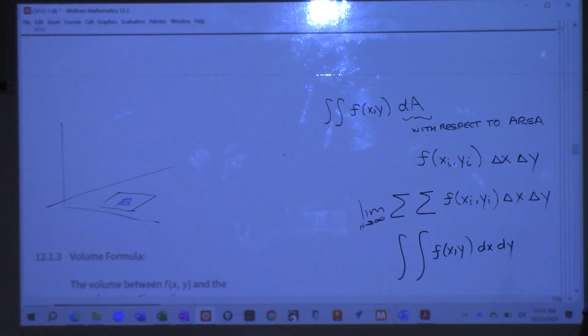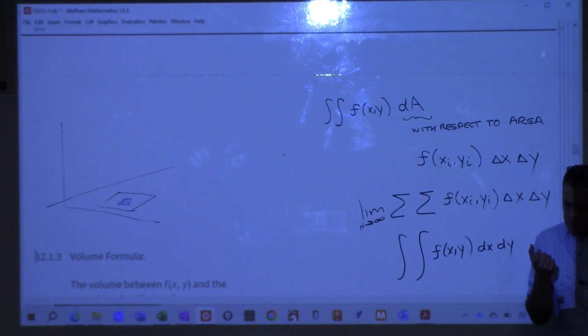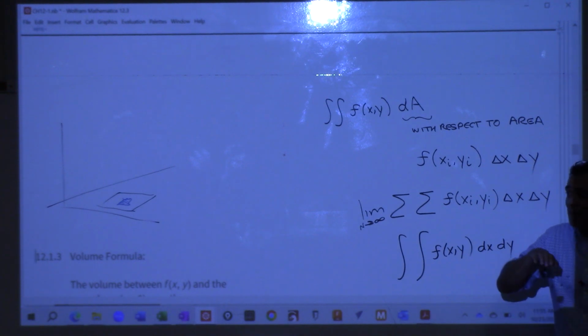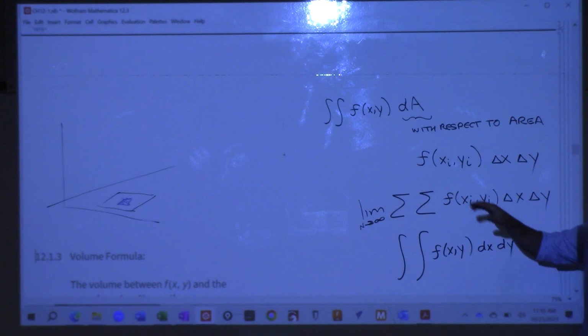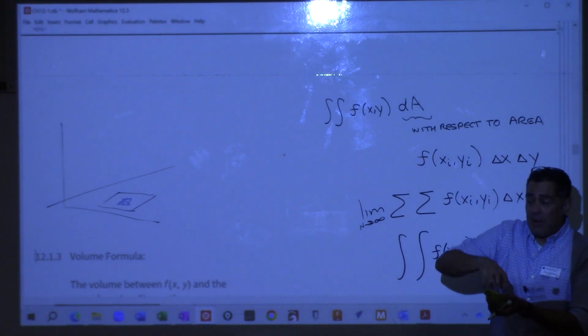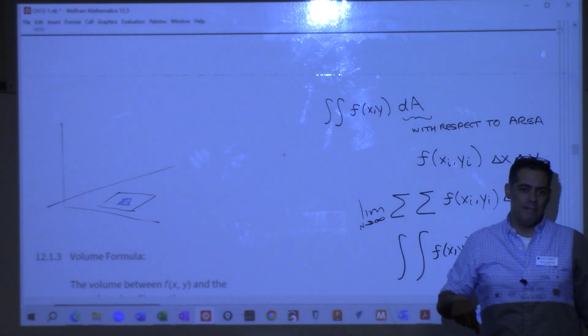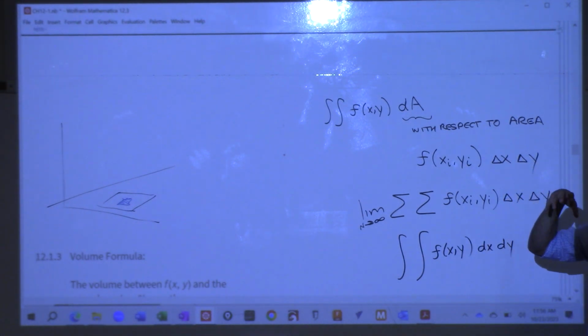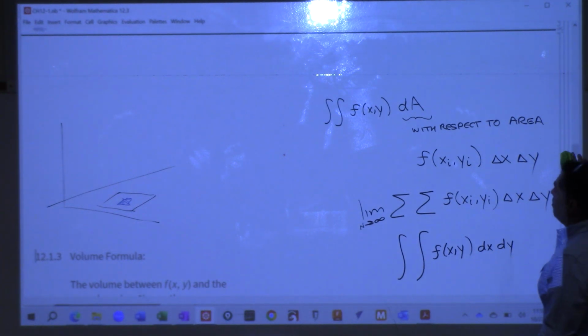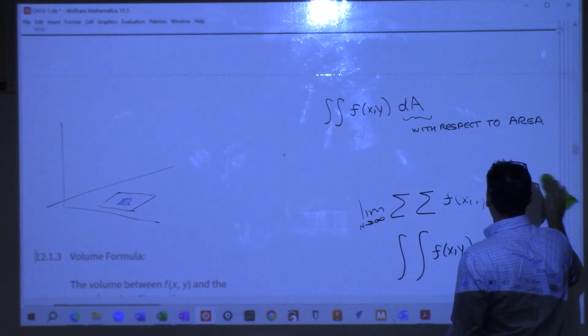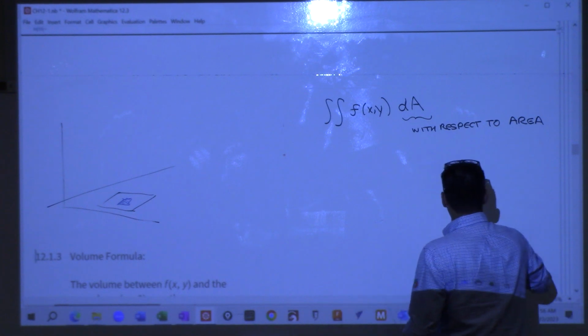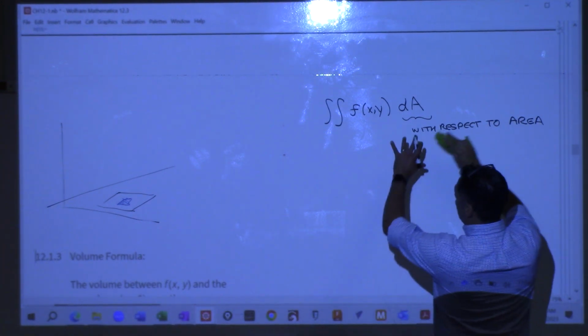With respect to area, because instead of looking at the dx and the dy on the ground, just look at it as a little patch of area on the ground. Exactly. So we're saying we're taking the height of the function times the area of the patch on the ground, and that should give us the volume of that little box. So this is our general notation.